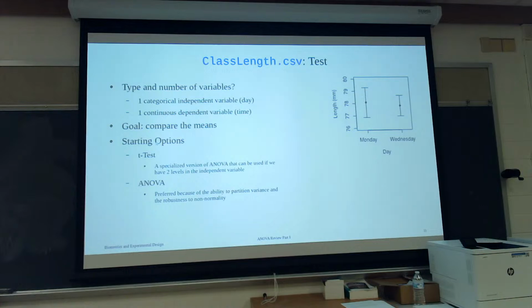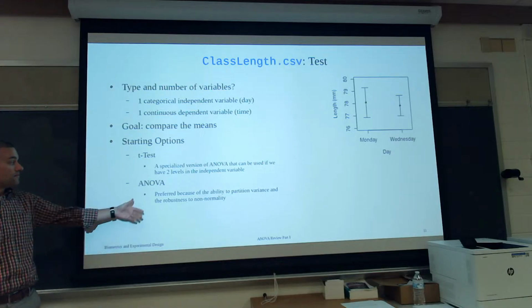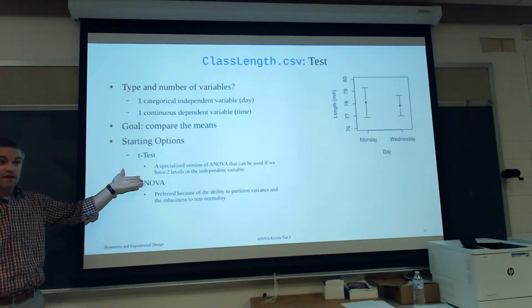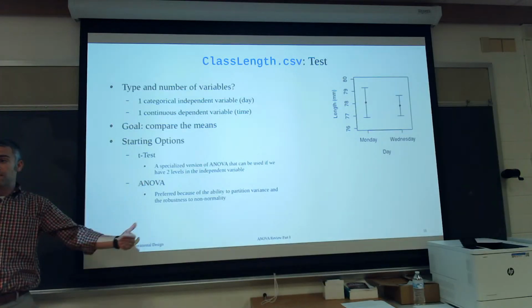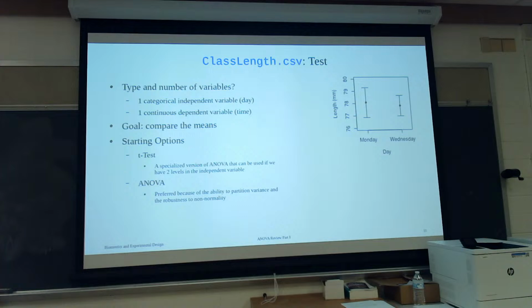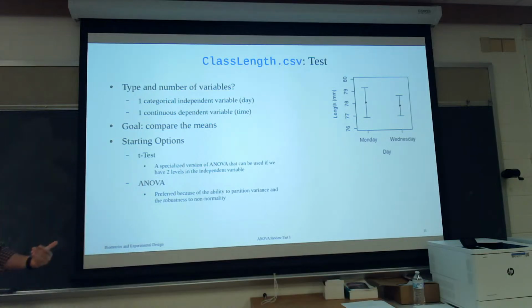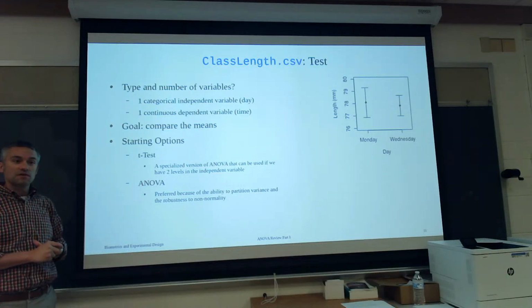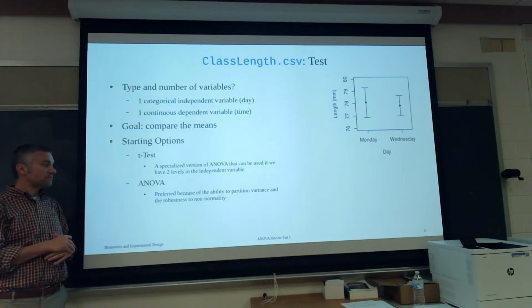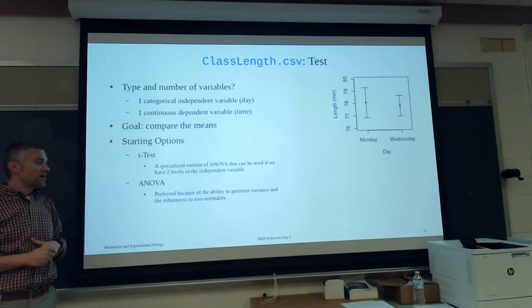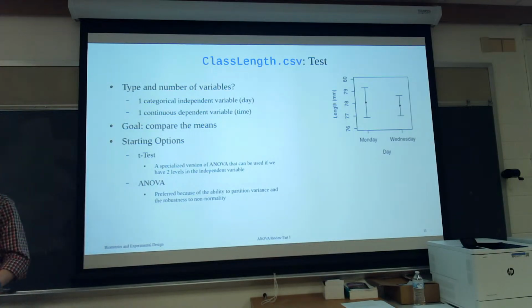So the question is, what test do I run? Our starting options are to run a t-test or an ANOVA. Now, I've been conditioned, and I think a lot of people are conditioned, to say I have two groups, I'm just going to run a t-test, which is fine. A t-test is simply a specialized version of ANOVA that we can use if we have two levels in our independent variable. I actually like ANOVA because we can partition the variance into the different groups.